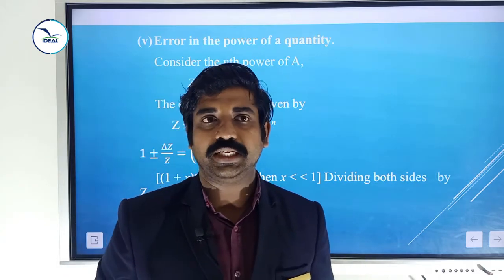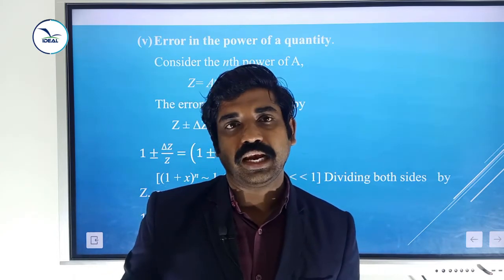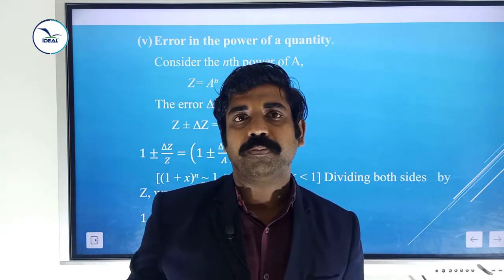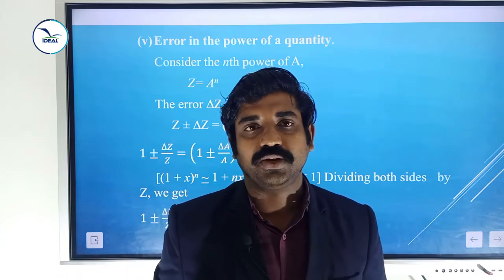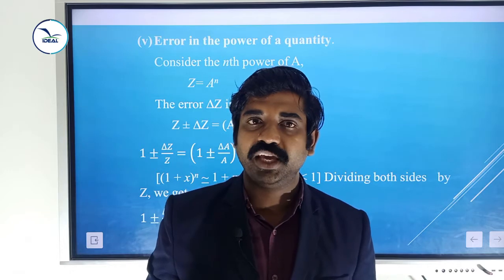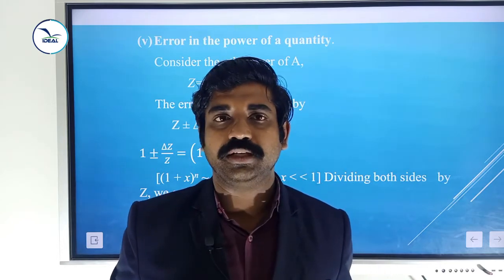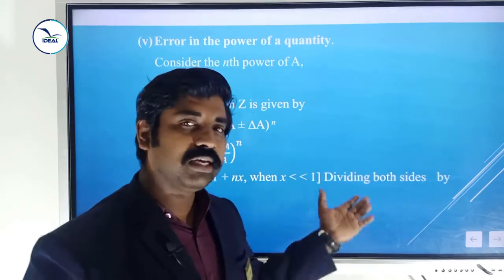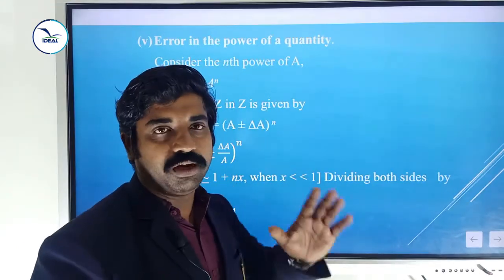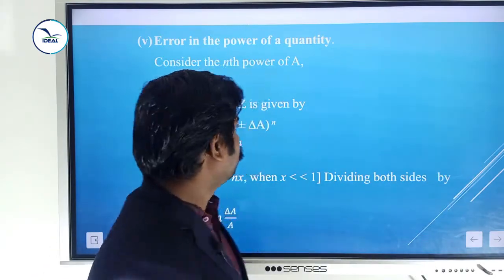So actually that equation is delta z by z is equal to delta a by a plus delta a by a. So it is actually equal to 2 into delta a by a. If there are n quantities, then it is n into delta a by a. That we can solve by some other methods. Simply we can write it as n into delta a by a.